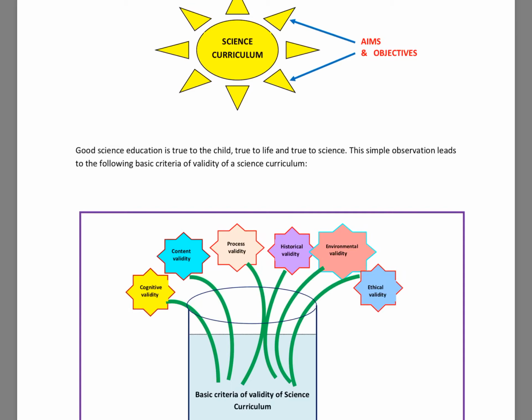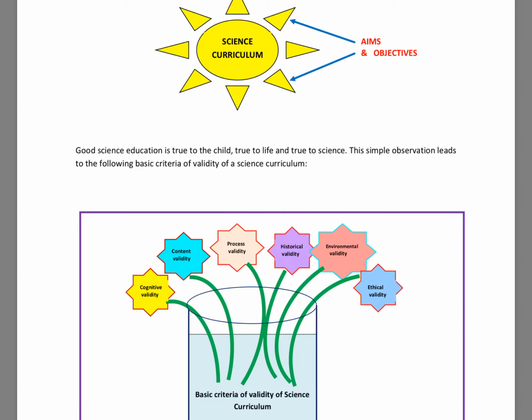A good science education is true to the child, true to life, and true to science. So a good education is true to the child. It has to be for the child. True to life means that science education knowledge must be related to the life of the children or of the learner.